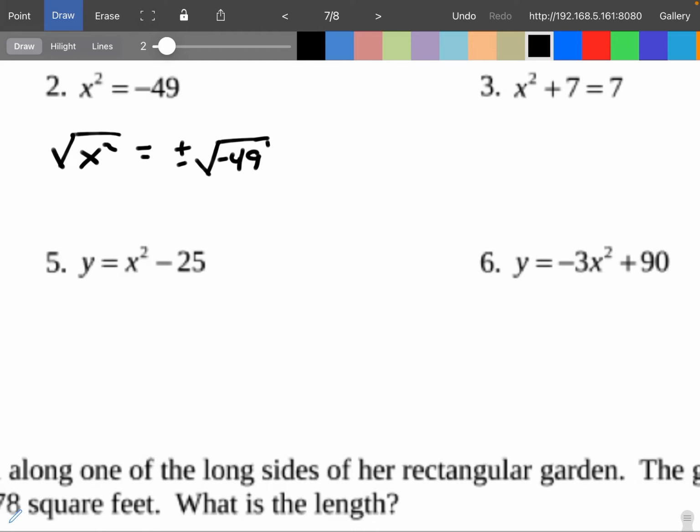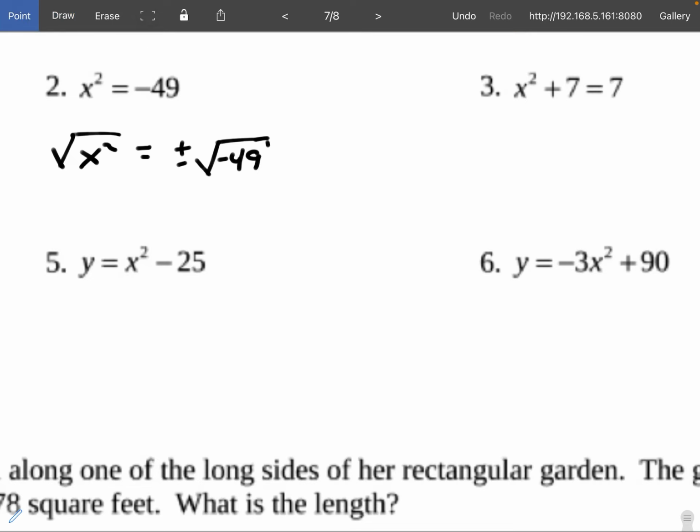So, what's the square root of negative 49? Well, the square root of positive 49 is 7. Well, what number times itself would equal negative 49? Negative 7 times negative 7 would give you positive 49. Put it in the calculator. What's it say? Yeah, it should give you an error message.